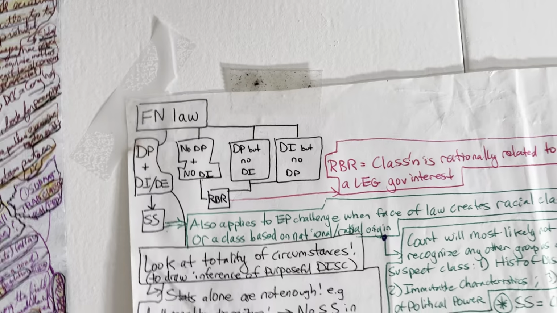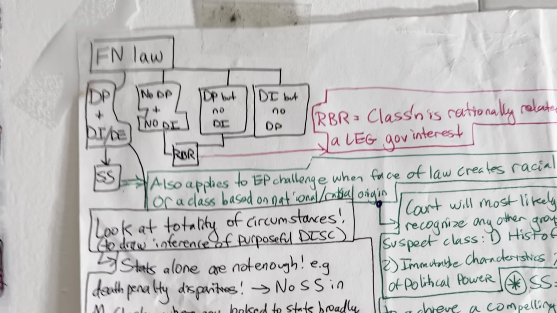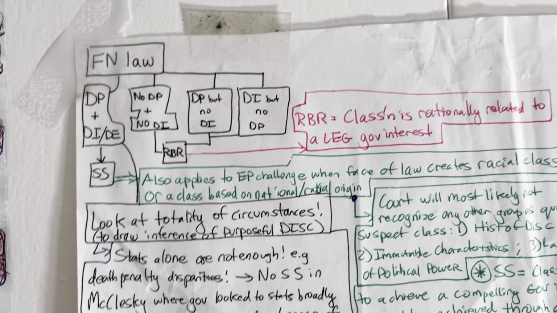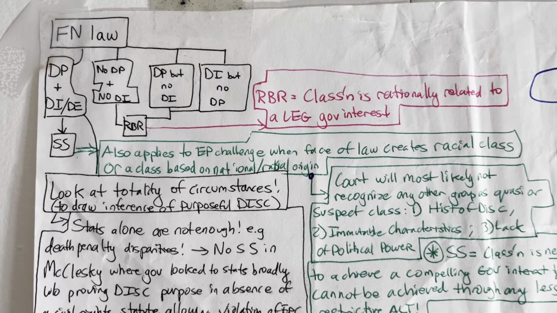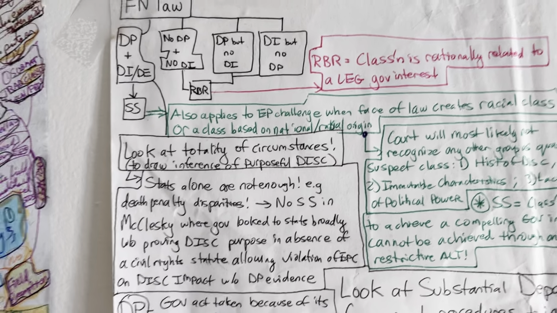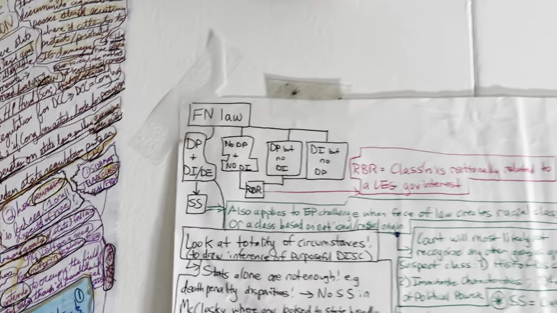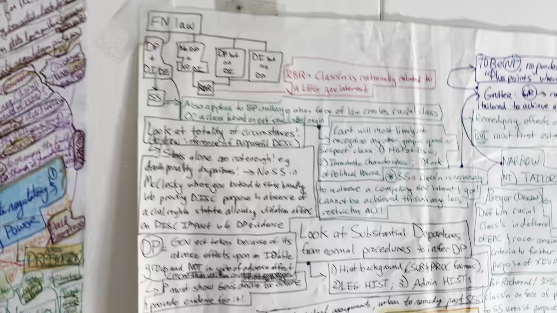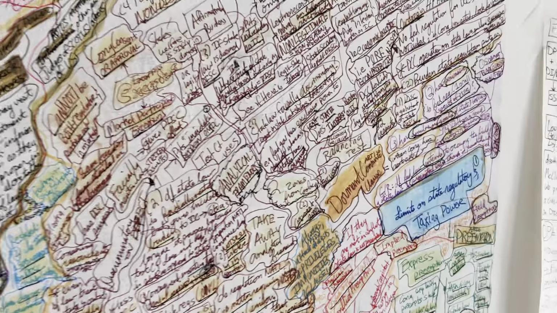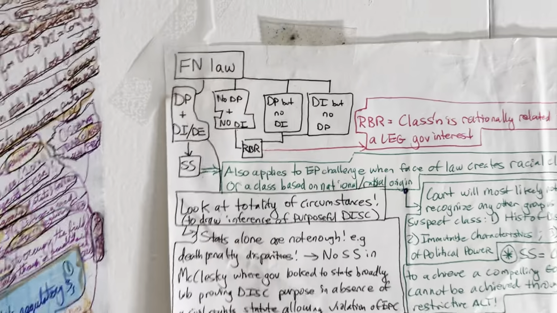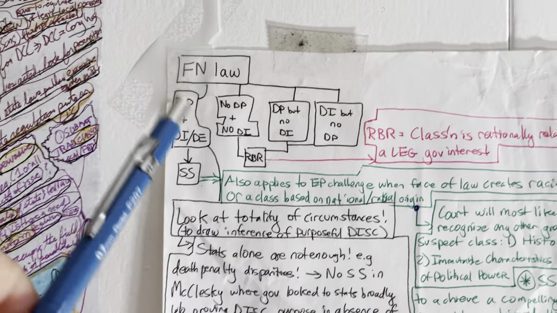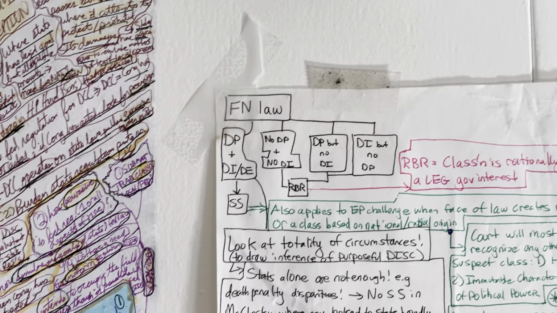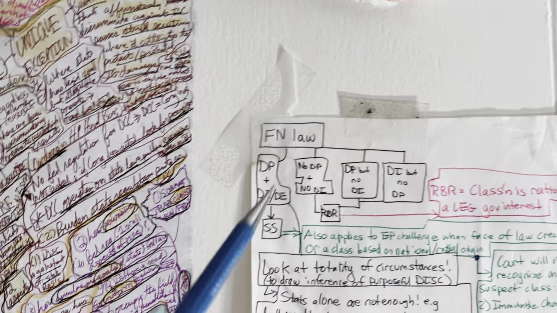It really has to be necessary or narrowly tailored such that the government means of achieving that compelling interest is really the only necessary way, or it's narrowly tailored such that we really need that government action in order to achieve that compelling purpose.